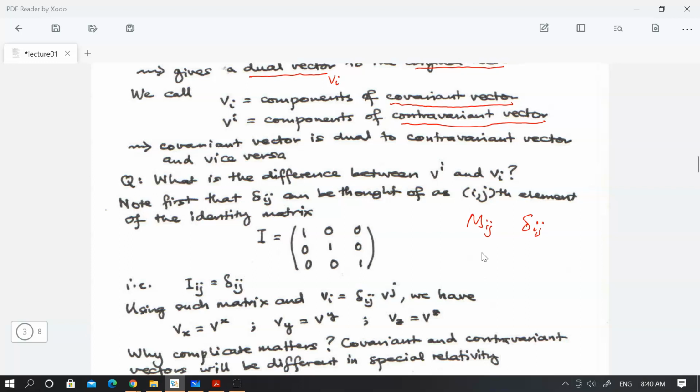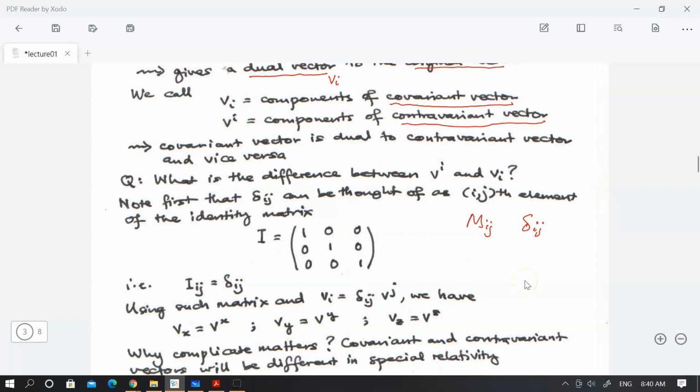So in other words, I can think of the following, where V_i equals delta ij V^j from the equation earlier. This is just like acting the identity matrix on V^j. So if I want to write in terms of coordinates like x, y, and z, V_x at the bottom is equal to V^x at the top, and the same for the rest.